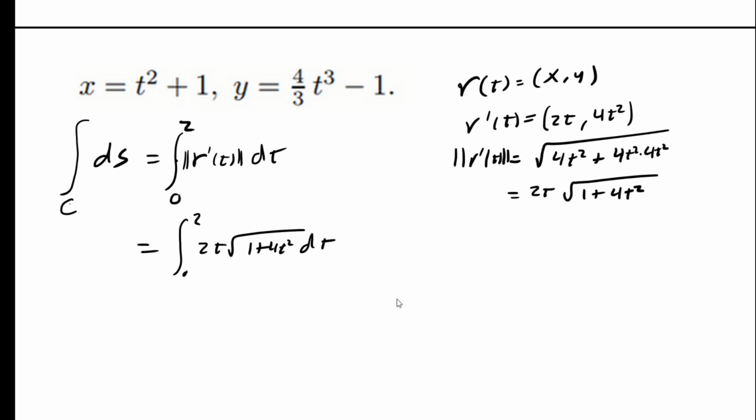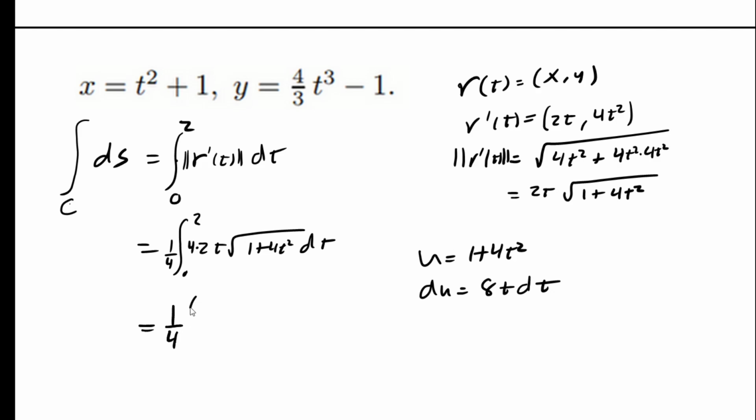Okay, I'll do a u substitution. u equals 1 plus 4t squared. du equals 8t dt. So I need to multiply and divide by 4.